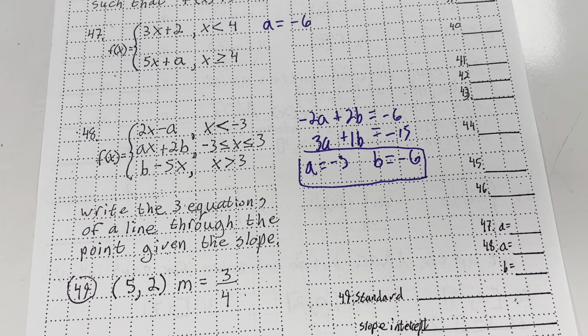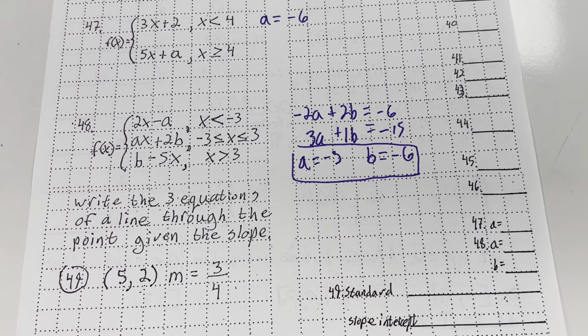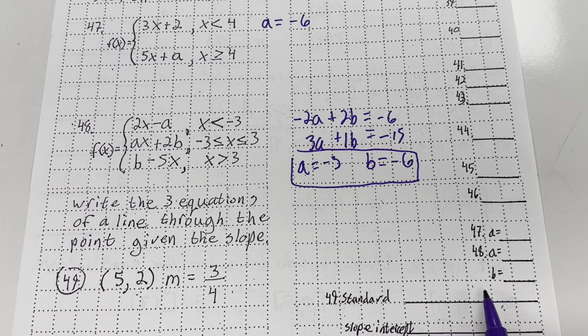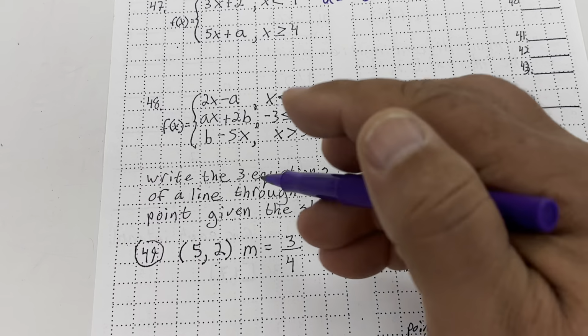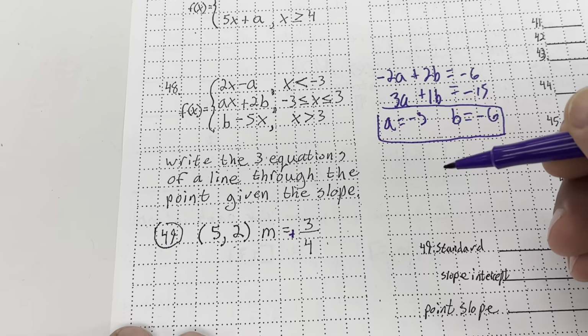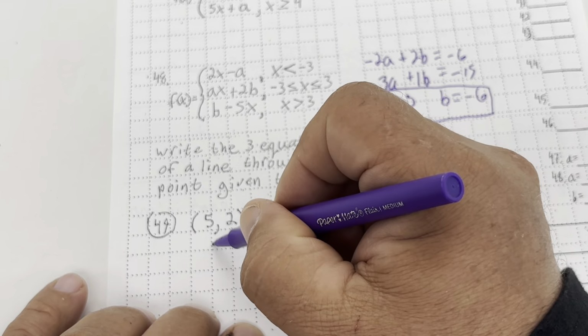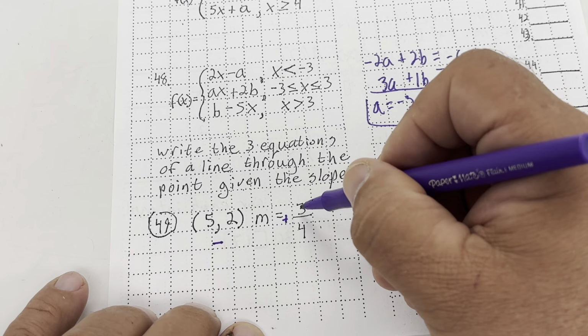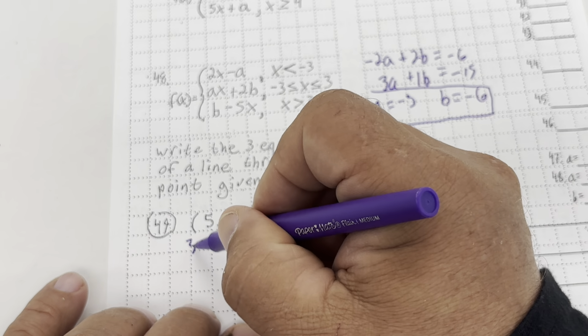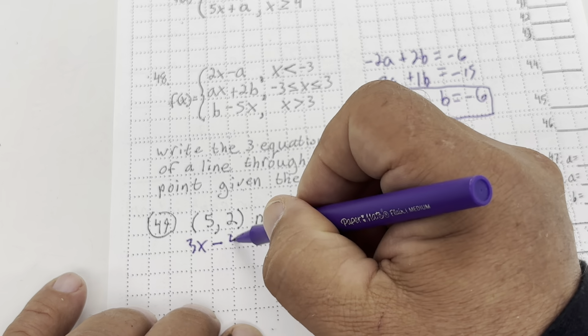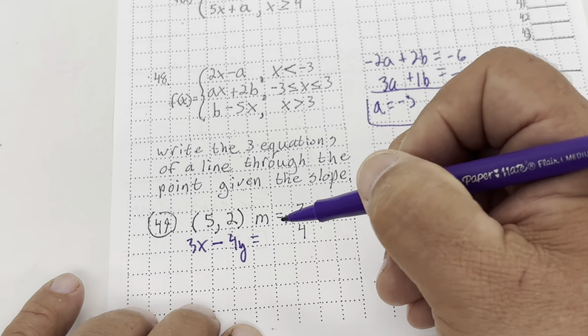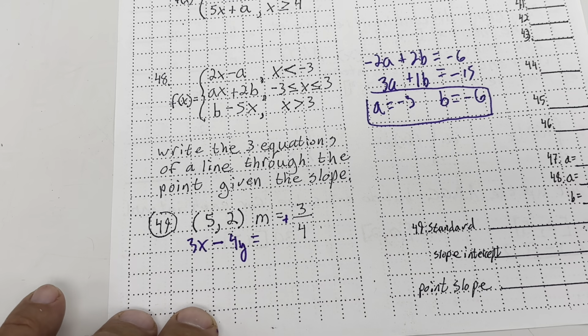For 49, we're asked to write the equation in 3 ways. The first way is standard form. So notice this is positive. To rewrite it in standard form quickly, we put the opposite of that slope underneath the comma, and then the 3 would generate a 3x minus 4y. Now all we need to do is figure out what that equals.